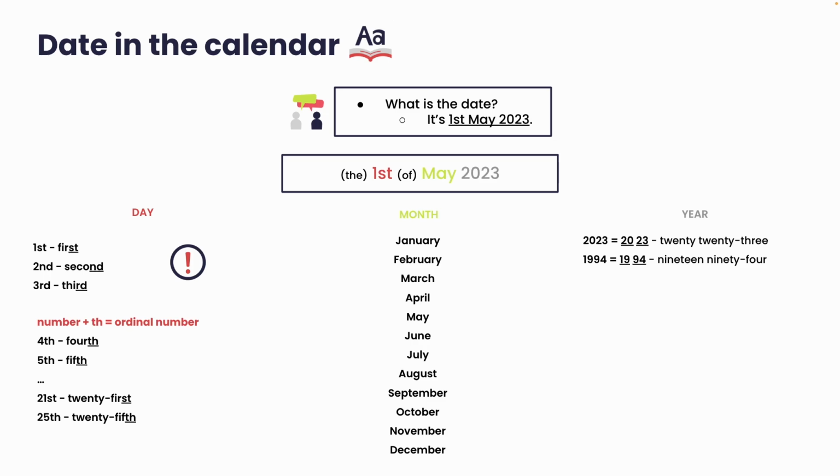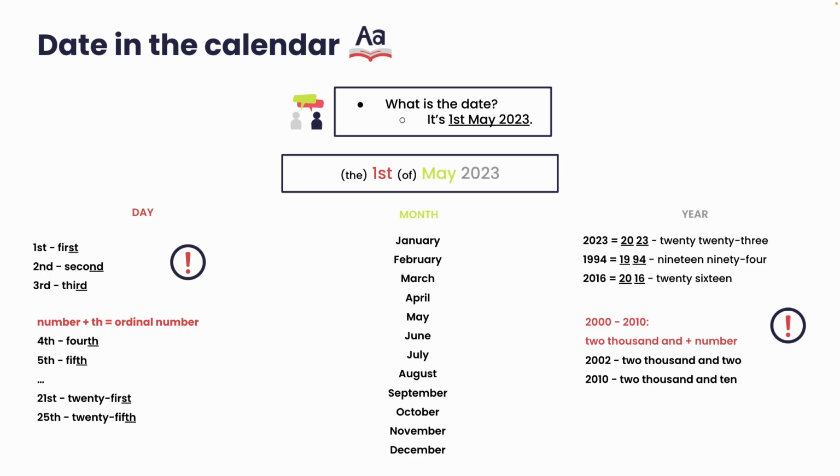Another example, 2016. And it's so easy, isn't it? But there must be an exception. The exception is the years from 2000 to 2010. And that's exactly the rule. You put 2000 and the actual number. So we've got only the numbers from 1 to 10. So that should be easy. For example, 2002 or 2010. And that's all. That's how easy it is.